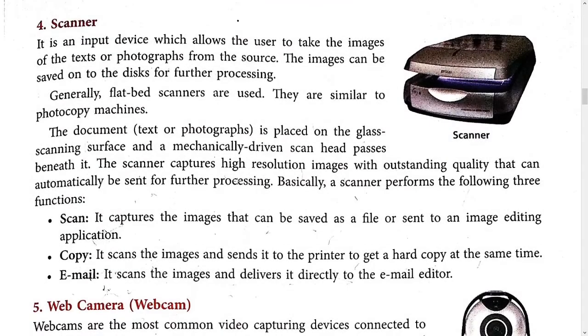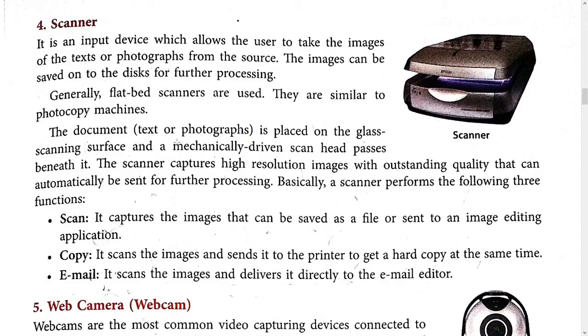Then come to scanner. Scanner is an input device which allows the user to take the images of the text or photographs from the source. The images can be saved onto the disk for further processing. Generally, flatbed scanners are used. They are similar to photocopy machines.